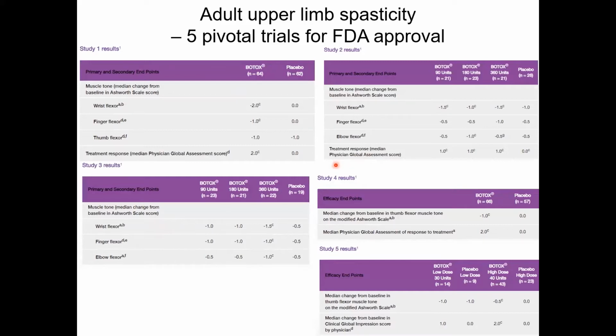For FDA approval, usually a large-scale multi-center phase 3 trial is required, but in this case, Botox had been widely and safely used in other diseases, and the action mechanisms of Botox to reduce spasticity were clear. So these 5 phase 2 clinical trial results can support the FDA approval.